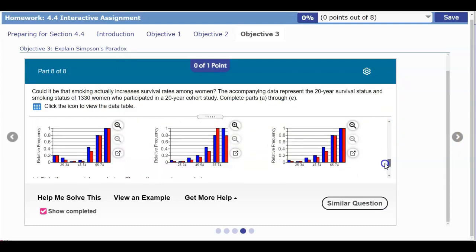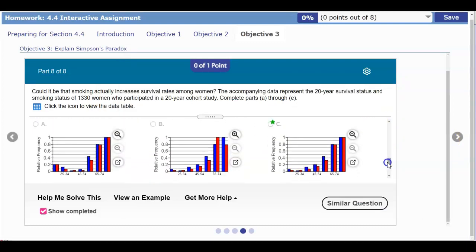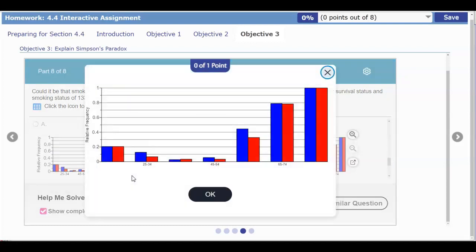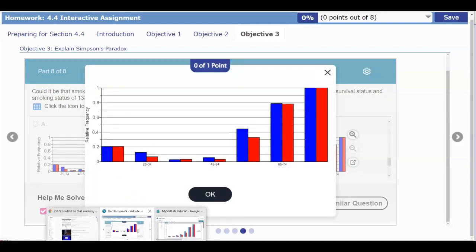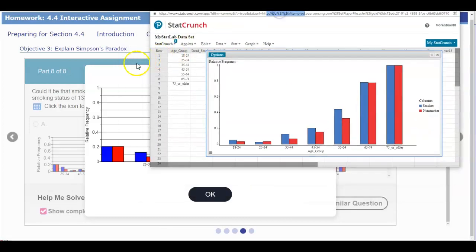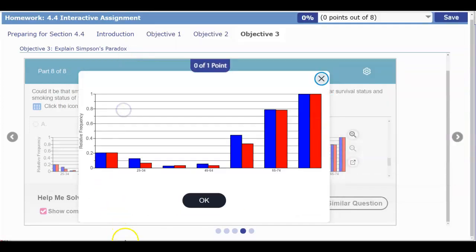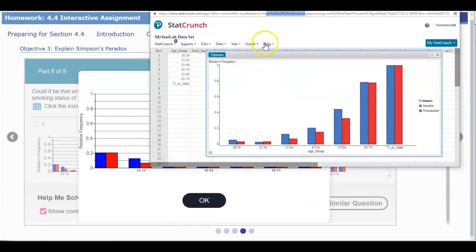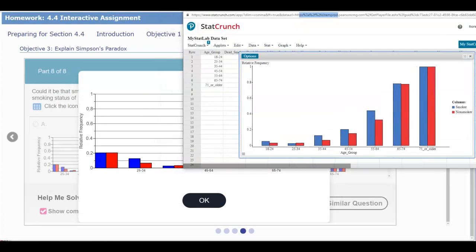Okay, so if we take a look at C and compare it with our graph from StatCrunch, we can see that part A doesn't match, because already these two are not the same for the 18 to 24 group.